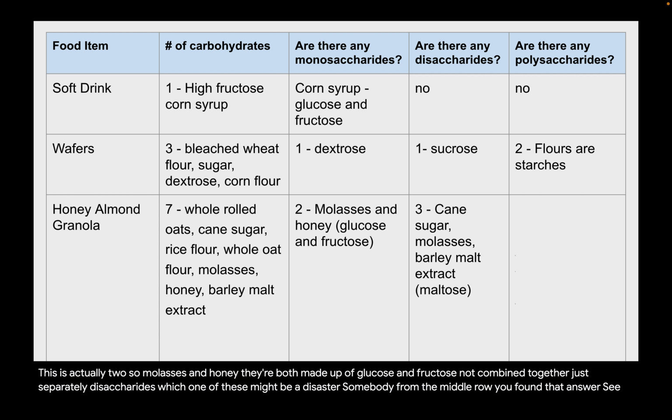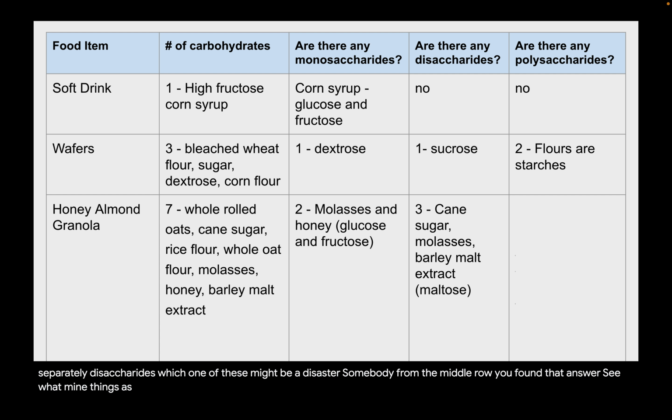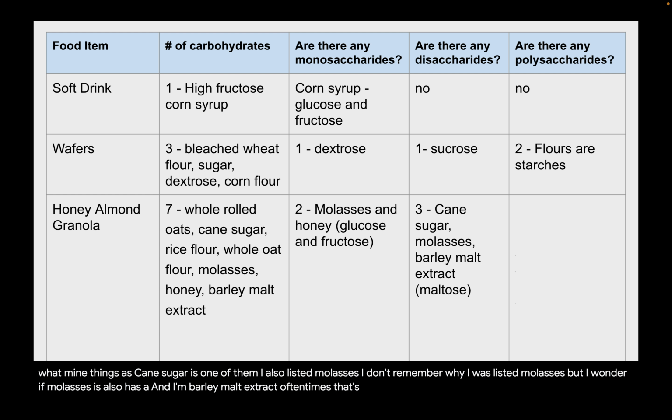See what my thing says. Yeah, cane sugar is one of them. I also listed molasses. I don't remember why I listed molasses, but I wonder if molasses also has a disaccharide with the glucose and the fructose. And that barley malt extract, oftentimes that's maltose, which is a disaccharide as well.